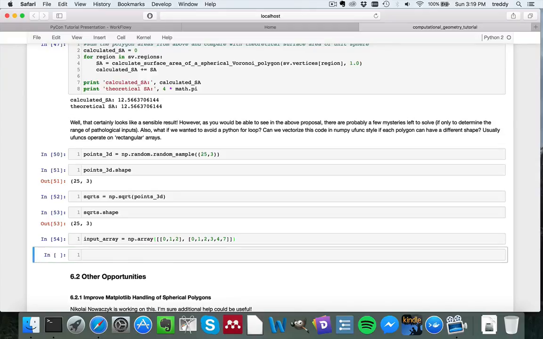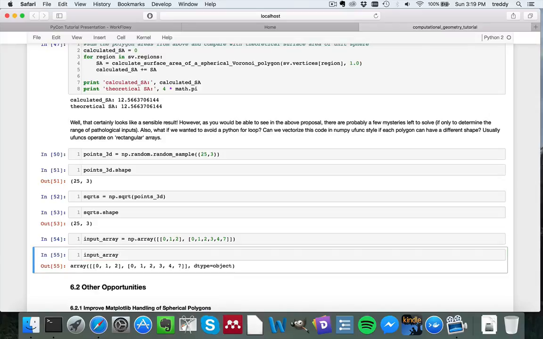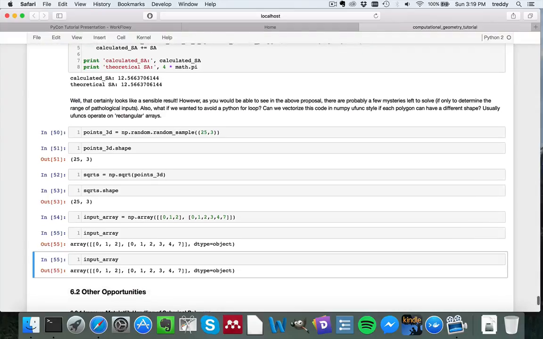If we take a look at this input array, the data type is object, and as far as I know, it's not easy to vectorize this particular data structure where you don't have the guarantee of a rectangular structure.